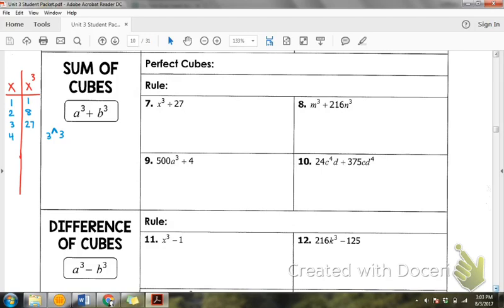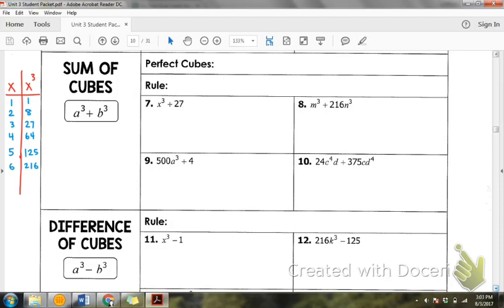What about 4? 64. 4 to the third power is 64. 5 to the third power, 125. What about 6 to the third power? 216. That's as far as we're going to go today because we shouldn't see a ton more than that. All right? So we're looking for perfect cubes.